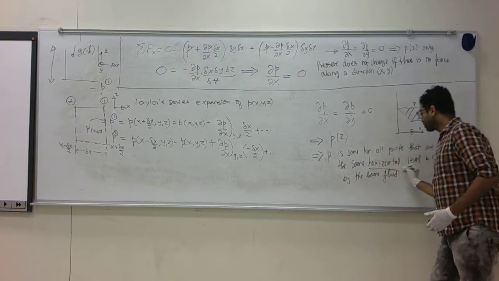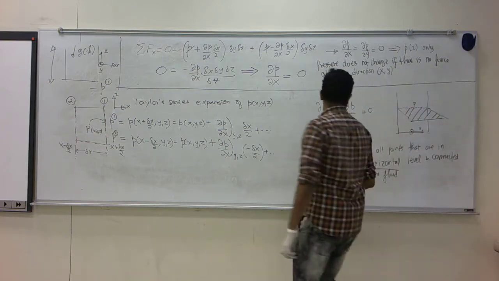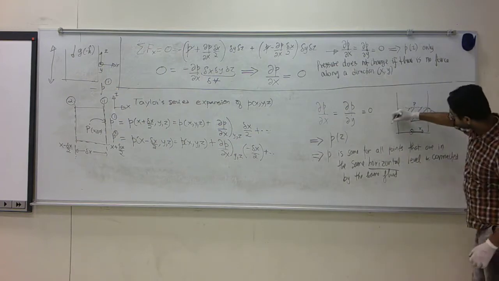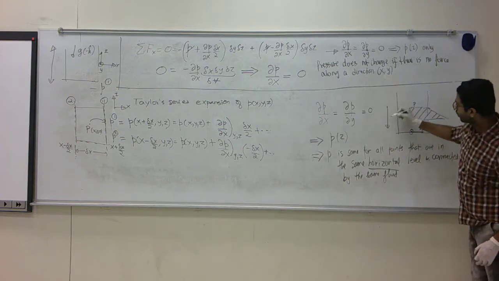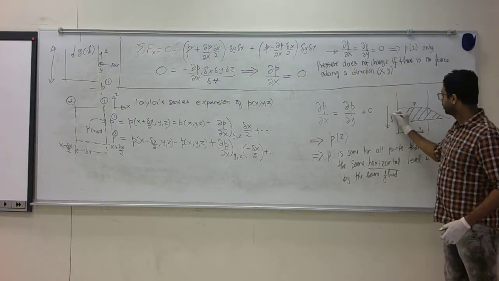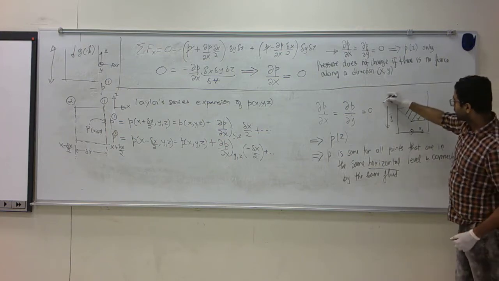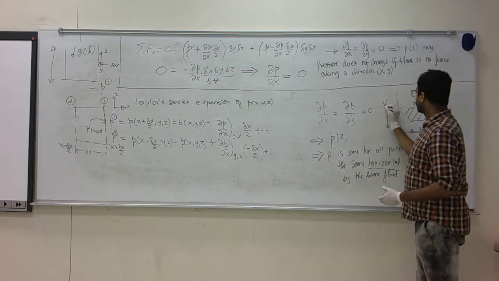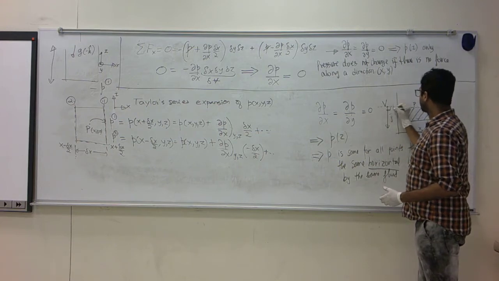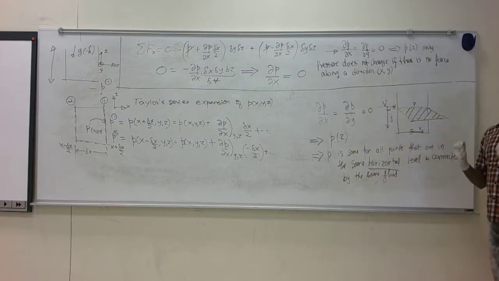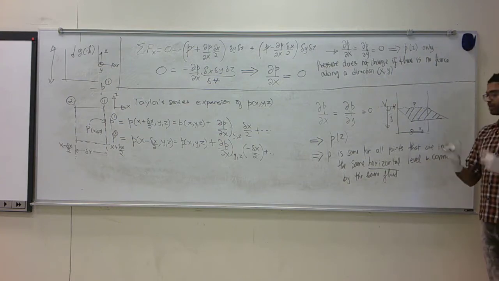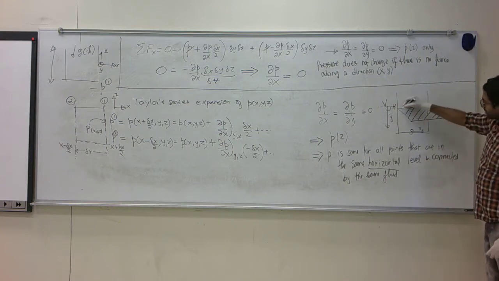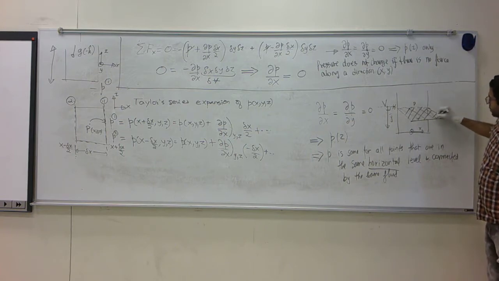And what is horizontal? Which direction is horizontal? Whenever you have gravity, if you consider this direction to be the vertical, anything that's perpendicular to it is going to be the horizontal. They are mutually perpendicular. So the pressure is the same at every point on this horizontal level.